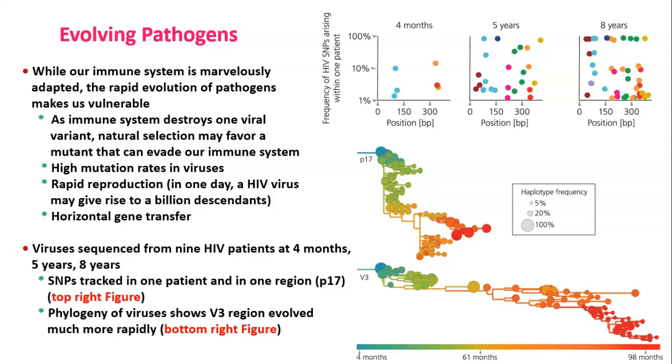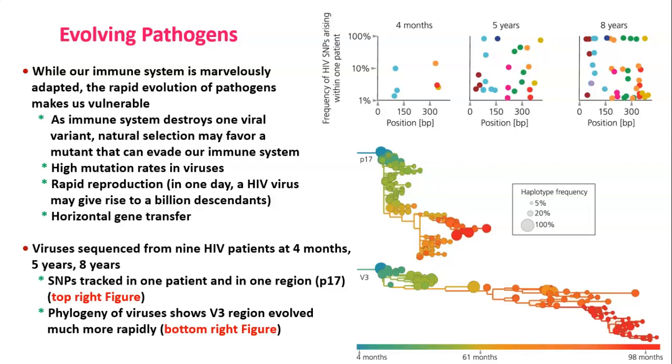So that's a limitation. Of course, as you're well aware, viruses have a very high mutation rate because they do not have any mechanisms to repair their DNA or RNA. So those mutations stick and are not corrected. Lots of mutations. And viruses in particular have extremely rapid reproduction.